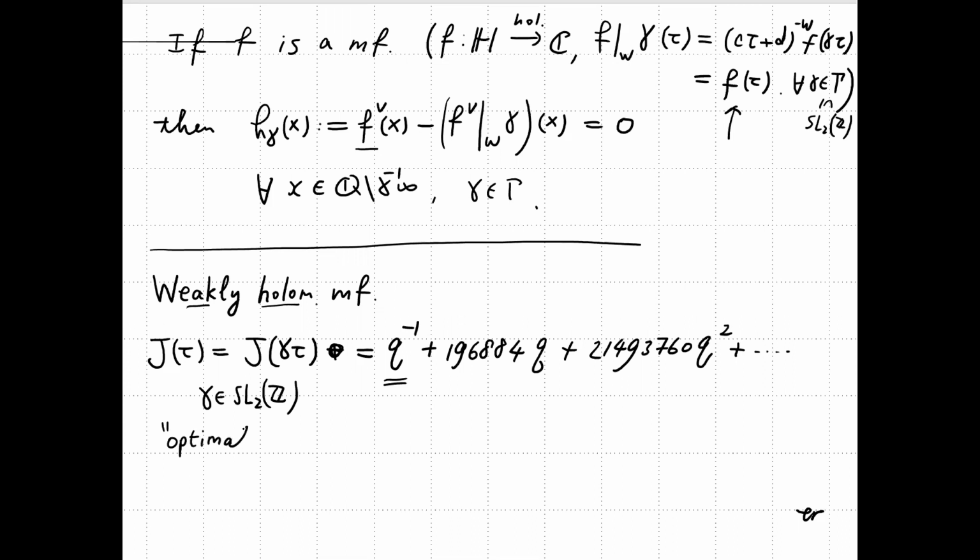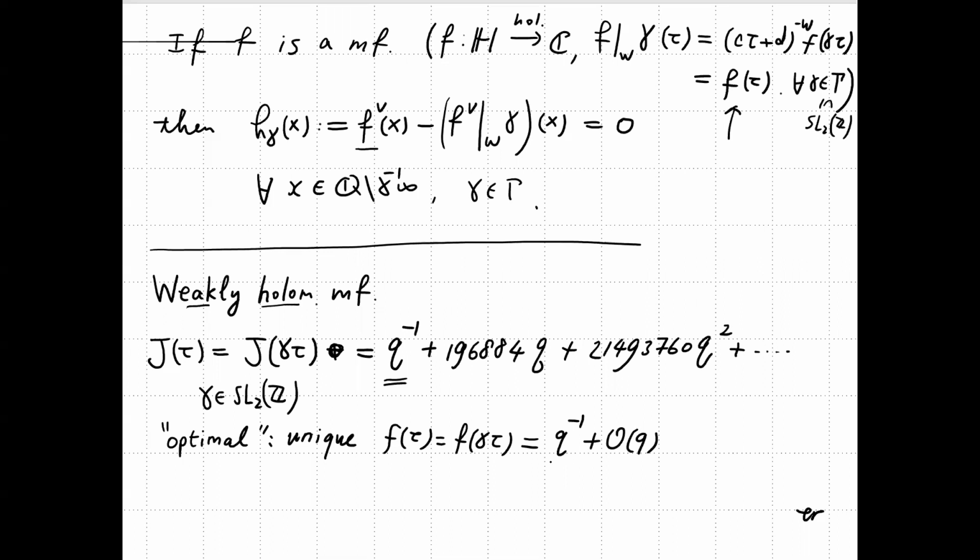In what sense? If you want a function that is invariant under the whole SL2(Z) and you want it to be non-trivial, then basically this is the unique example that has this minimal singularity at the cusp.